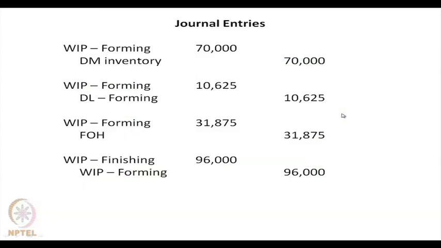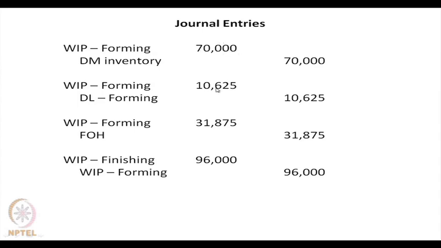The journal entries would now be in this form. The direct material 70,000 is debited and the inventory account is credited, because from the inventory this amount was brought to the forming department.